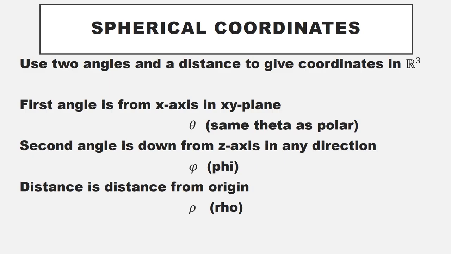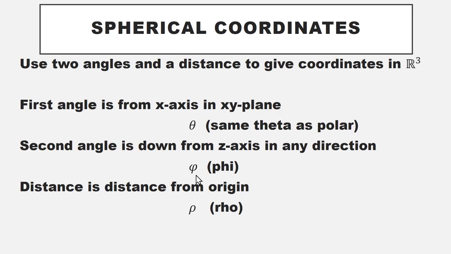Now the second angle we're going to use is the angle from the z-axis in any direction, but it's going to be down from the z-axis. So the positive orientation of the z-axis is going to be the initial ray, and then we're going to move down in any direction from that z-axis. And that angle we call phi.